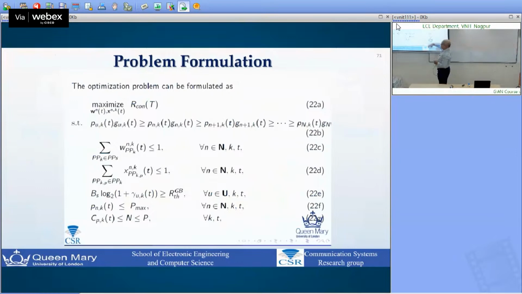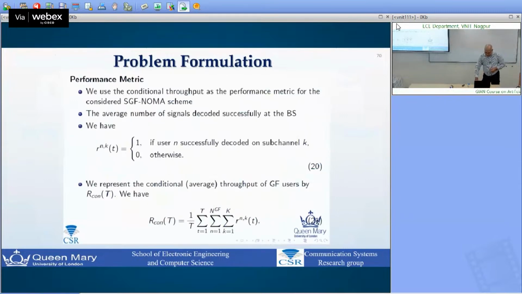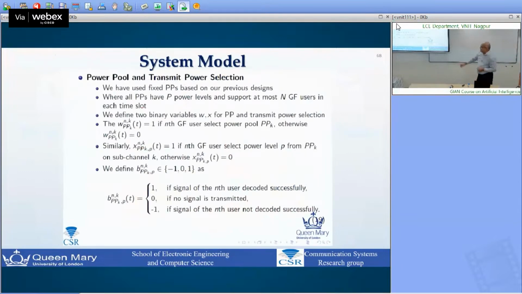The decoding is in the high power first, that is a normal principle. Here one user selects only one power pool, and one user can select only one power level, because W and X I defined here.